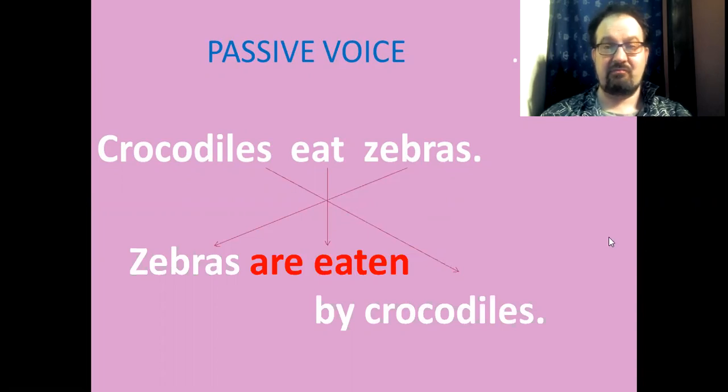You might be asking why we need the third form of the verb now. Here is why. In passive voice, this is one of the main uses of the third form of the verbs.